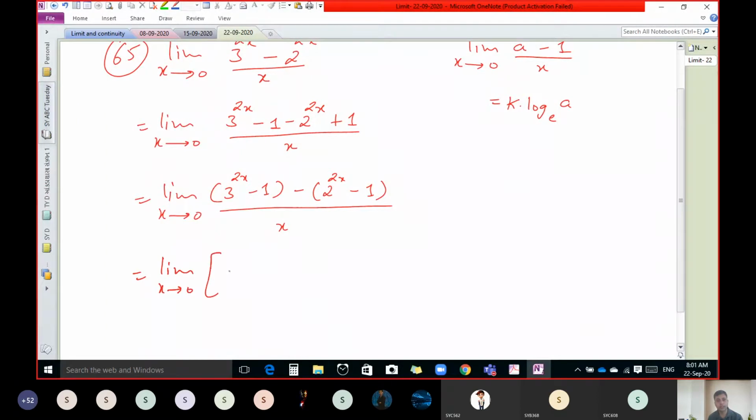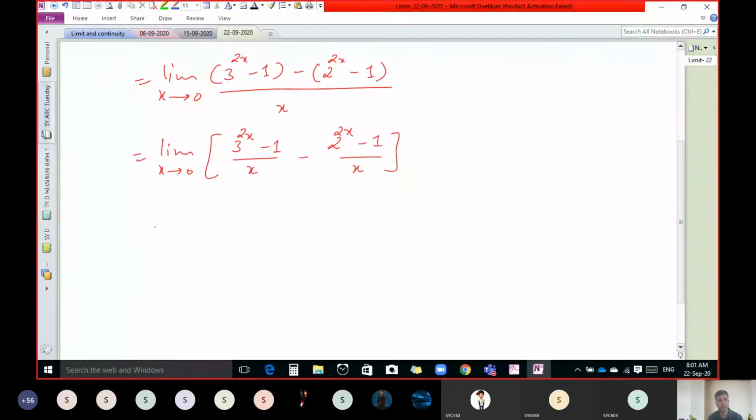So you can write like this: 3 raised to 2x minus 1 upon x minus 2 raised to 2x minus 1 upon x. Now you can take separate limit for both the terms. So it is limit x tends to 0, 3 raised to 2x minus 1 upon x minus limit x tends to 0, 2 raised to 2x minus 1 upon x.